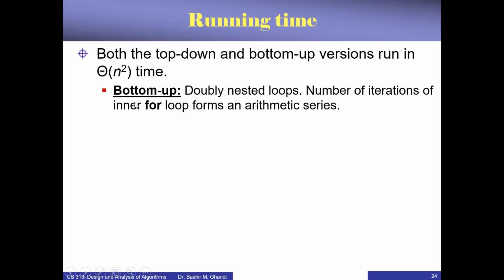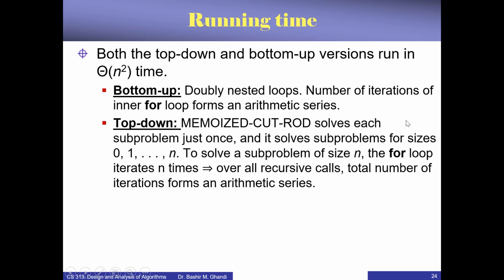Okay, so that's what we are saying here. For the bottom up, doubly nested loops are involved. Therefore, the number of iterations for the inner loop will form an arithmetic series, which in the worst case will be n squared. For the top down, the memoized cut rod solves each subproblem just once.